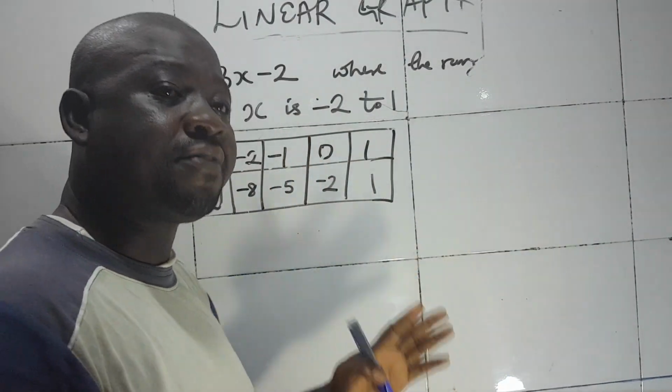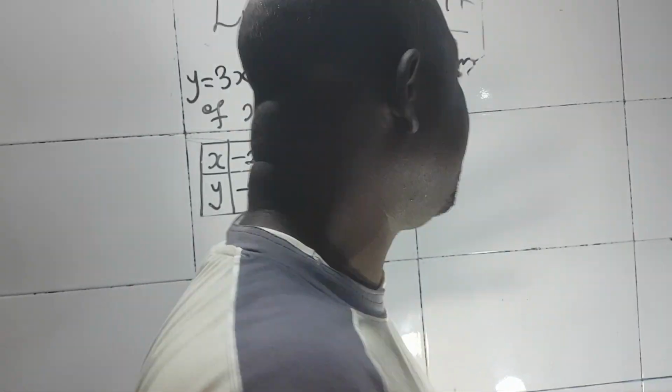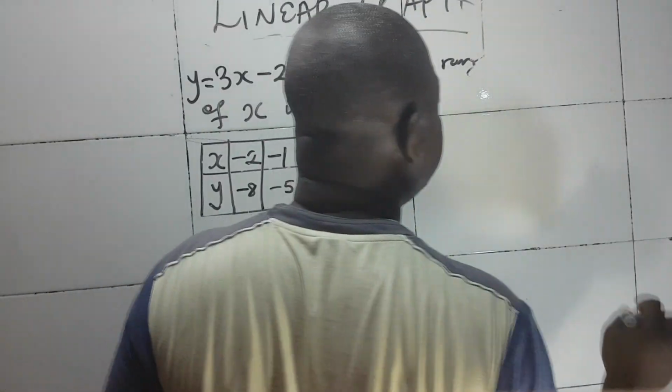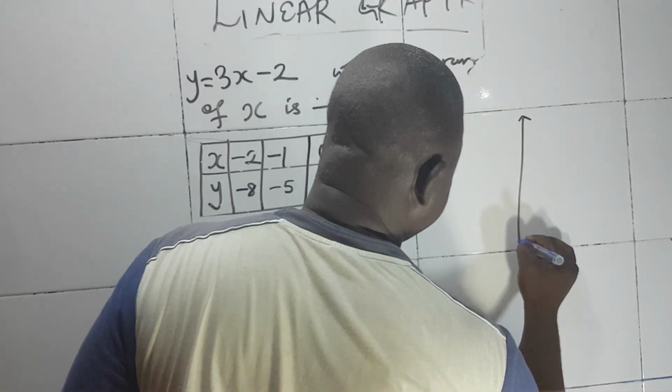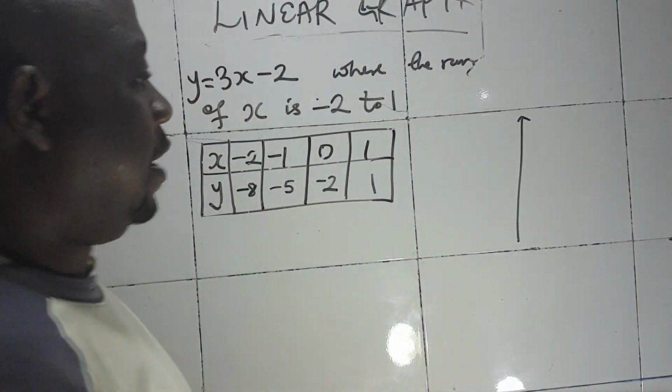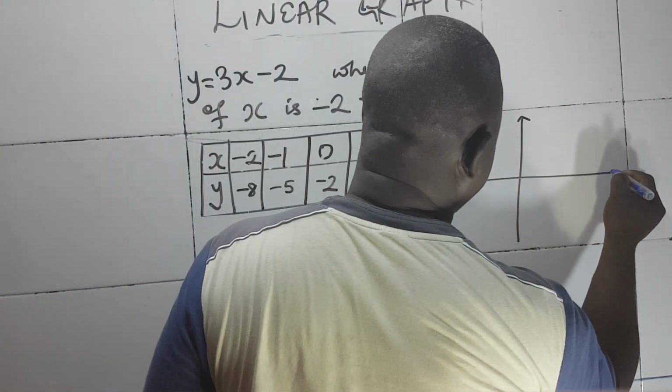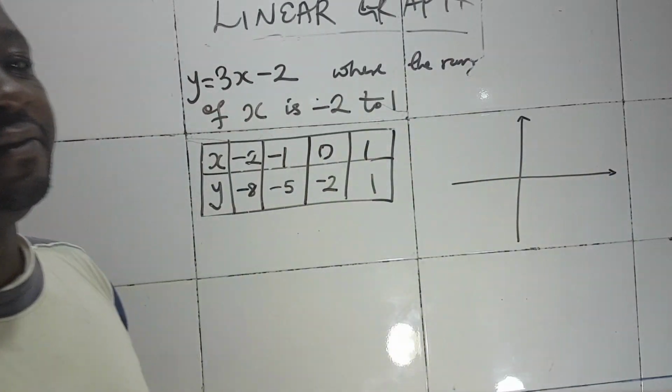When you are saying that you want to plot a graph, in mathematics, plotting of graph is basically this way: vertical against the horizontal. So this is your vertical line, and this is your horizontal line.